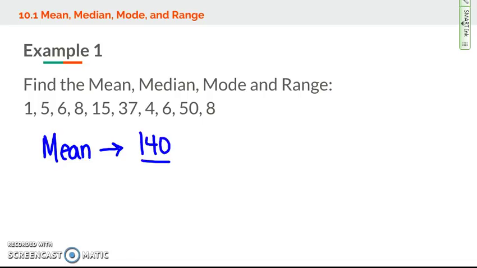Then you're going to take that number and divide by how many numbers are in the data set, which we counted. There were 10 of them. So 140 divided by 10 gives us a mean of 14. So the average number in this list is 14.